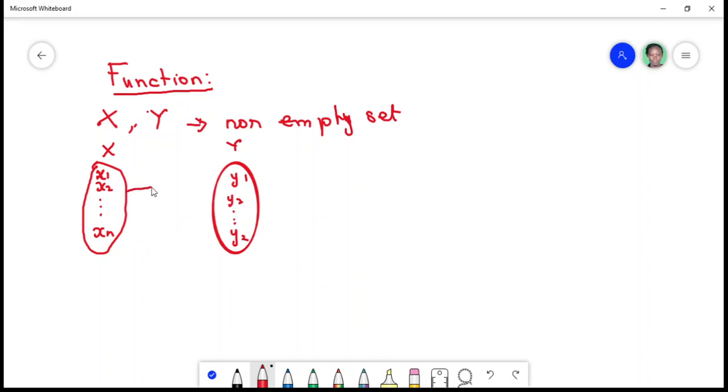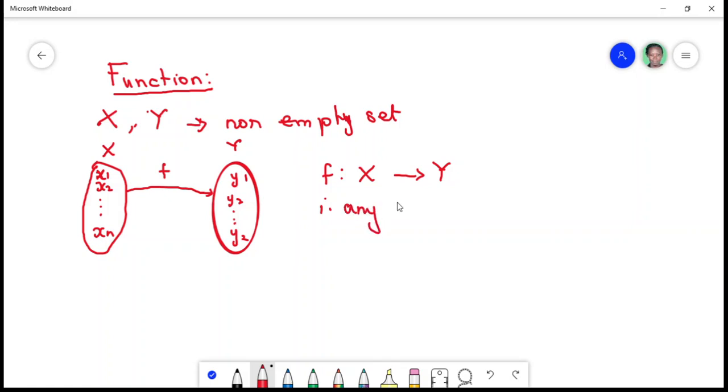So let's say we have a function, or what you call a rule. So f is the function. We have a function that moves from x to y. So if I have this relationship from x to y that satisfies certain properties such that, one, I could have any two ordered pairs.